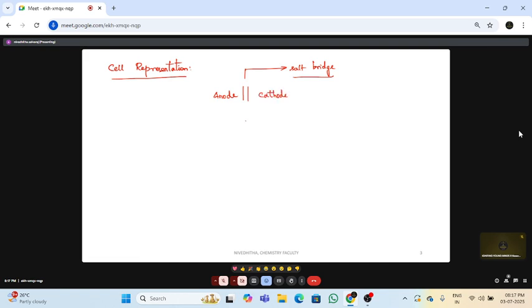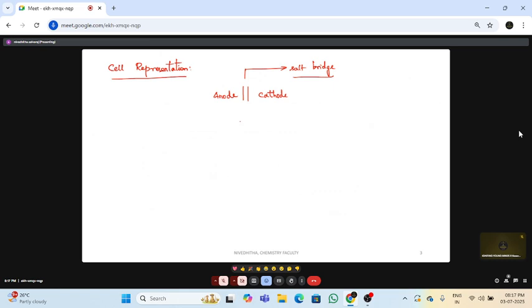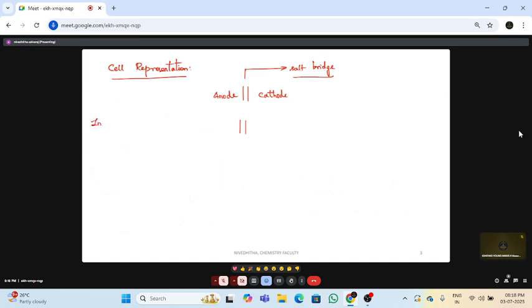That's it. So here I'm going to represent this Daniel cell. In Daniel cell, we have the salt bridge, and on the left side I'm going to write the anode. As far as Daniel cell is concerned, zinc is the anode, right? On the anode side, we have two chemical species: one is zinc, another one is Zn2 plus.